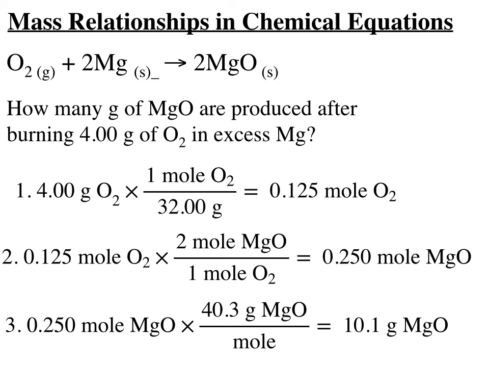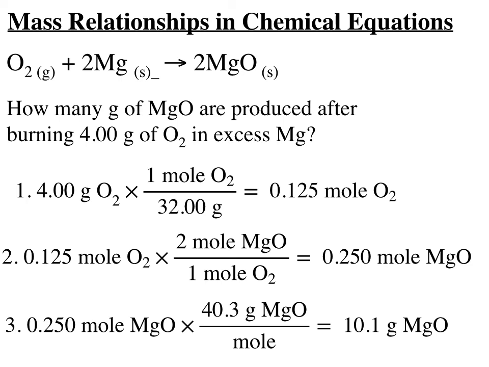So it is lined up as you see in step 2. Notice the moles of O2 cancel, and my answer comes out in moles of MgO. So the dimensions line up correctly, so the numbers are lined up correctly. I'm told to take 0.125 times 2, divide by 1, so reacting my 0.125 moles of O2 will produce a 1/4 mole of MgO.